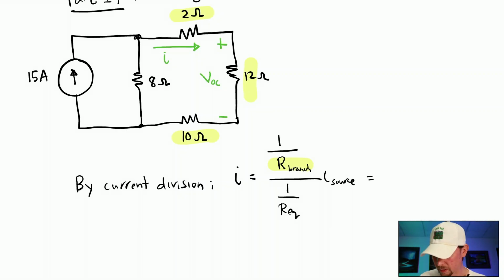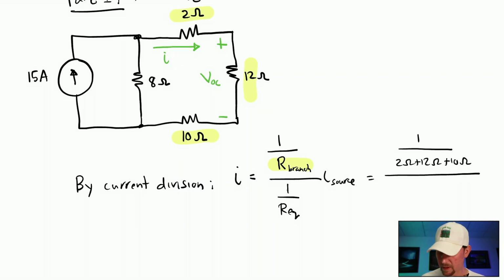So over here, that is 1 over 2 ohms plus 12 ohms plus 10 ohms. And 1 over the equivalent of that is 1 over that branch plus 1 over that branch. So we have 1 over 8 ohms plus 1 over 2 plus 12 plus 10, which is 24. So this is 1 over 24 ohms times the current that's flowing into the junction. That is the 15 amps that we have there.